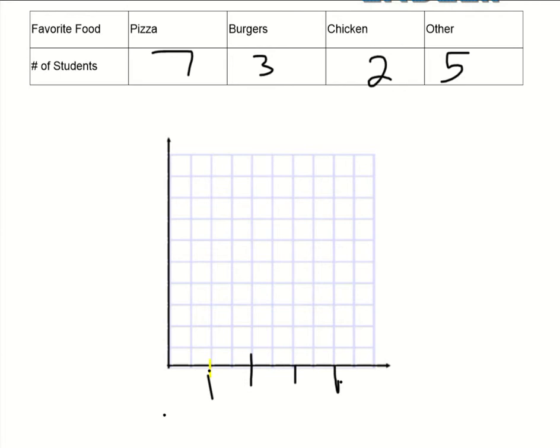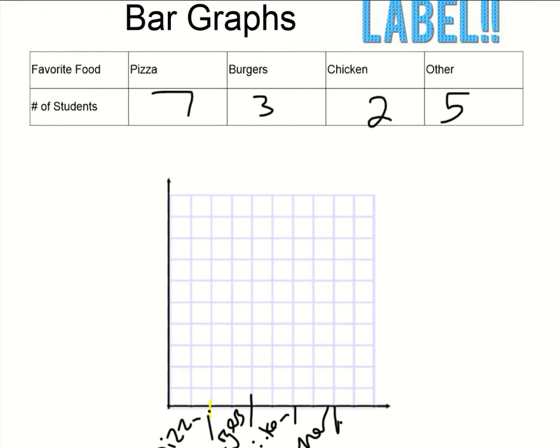We're going to have pizza, burgers, chicken, and other. I know my handwriting's not the best when I'm writing on this board. I apologize for that. We know that our biggest category, pizza, goes up to 7.